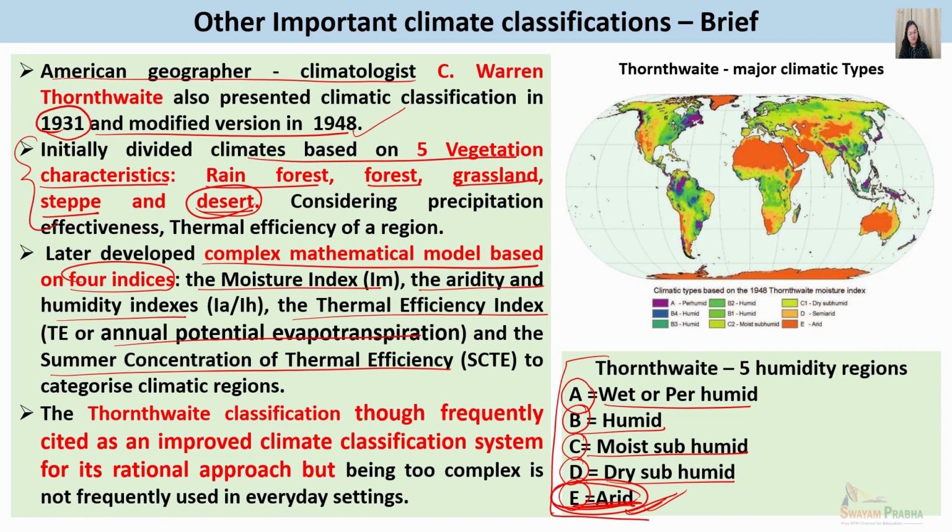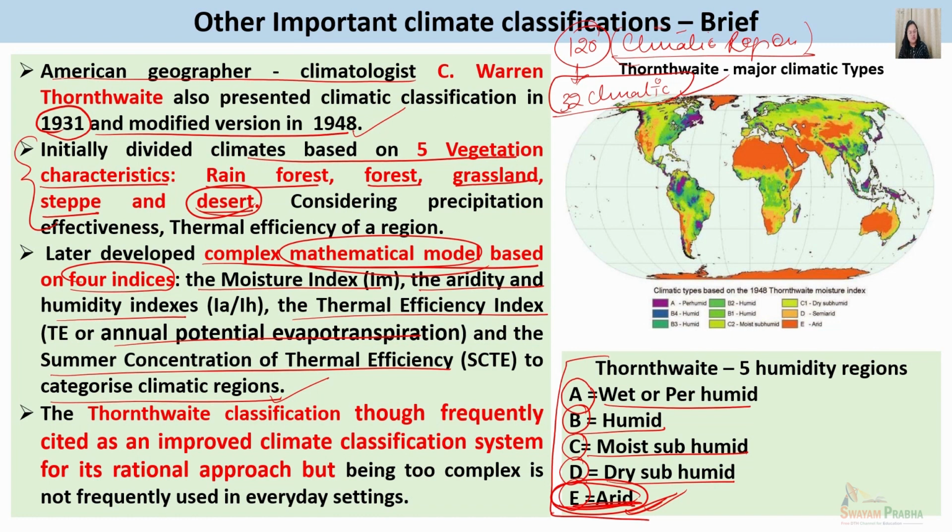Based on these 4 indices, he developed a complex mathematical model to categorize climatic regions. And based on this mathematical model, he was able to identify 120 climatic regions. However, in a real world setting, he was only able to identify 32 climatic regions, which later on he marked and identified in his scheme.